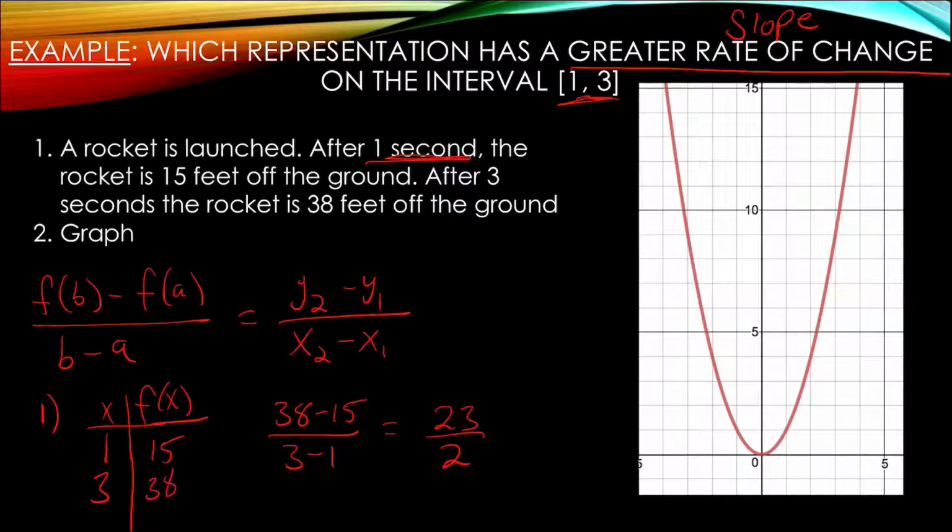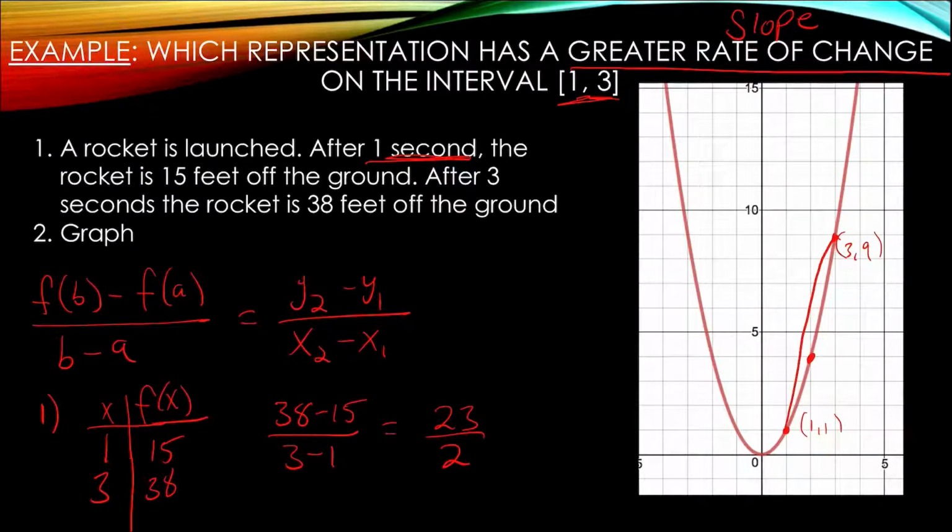Okay. Now we're going to do the same thing here. So from 1 to 3. So I have the point 1, 1, and 3 is right here. I'm looking for those 2 points. And 3, 9.